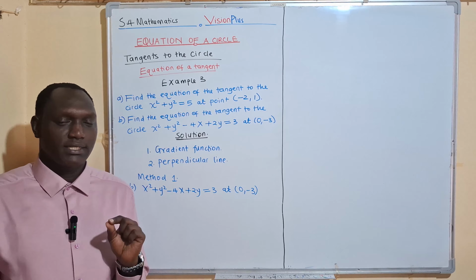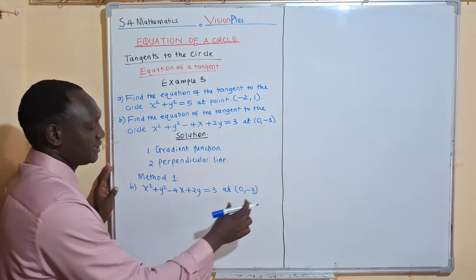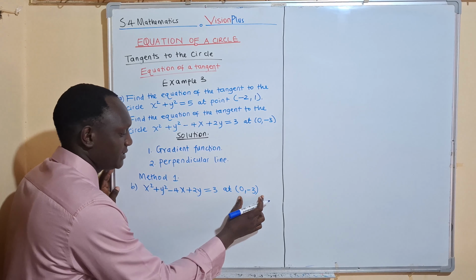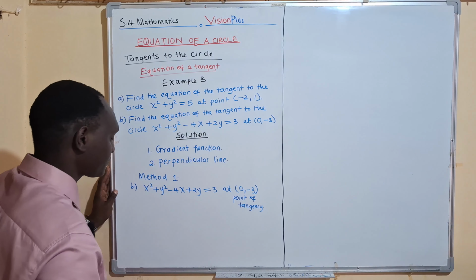What is very important that we must always keep in our minds is that the point given here is a point of tangency. That is the point on the circle where the tangent meets the circle.